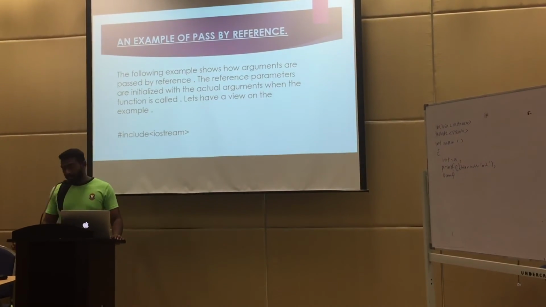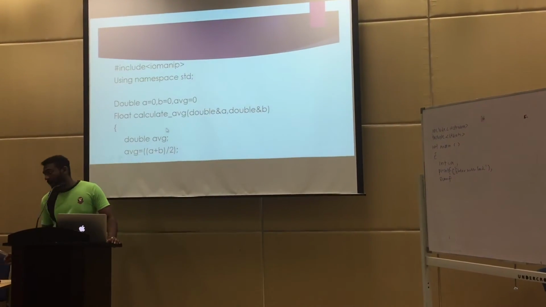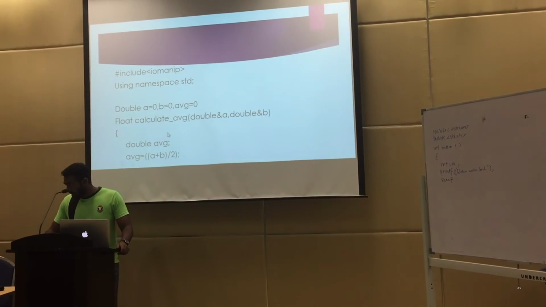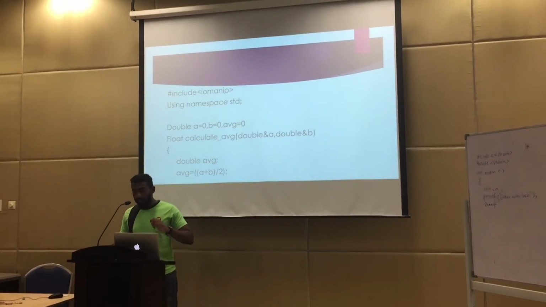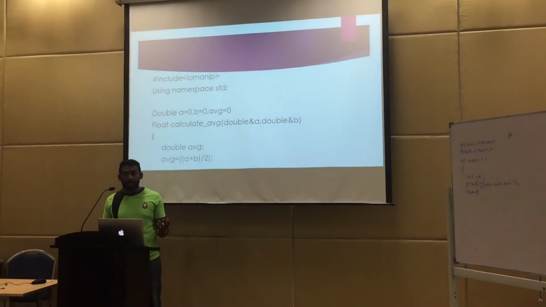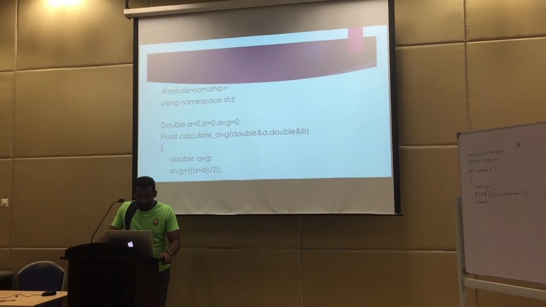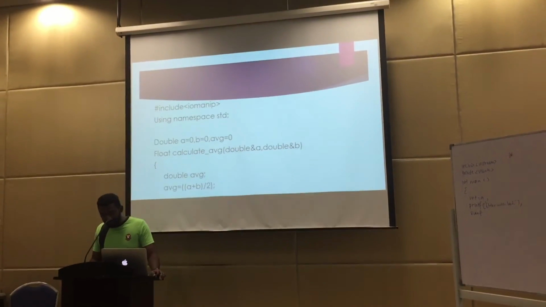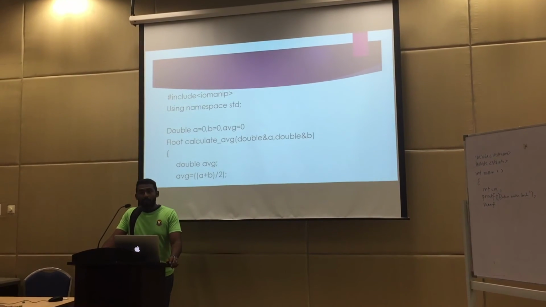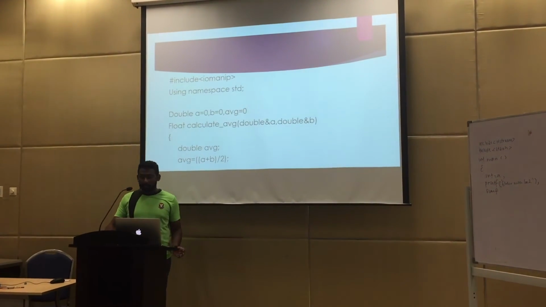Then the next will be include iomanip, which is for manipulating parametric variables. Next we'll be using namespace std, which means that we will be able to organize a really large program.